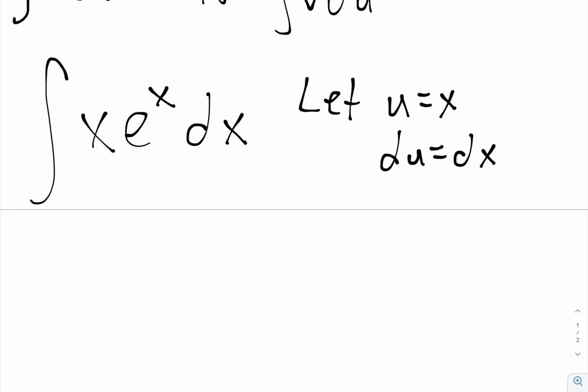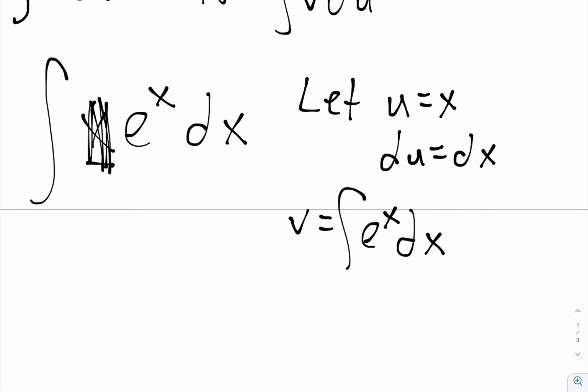Okay, and if u is x, then we're left with e to the x, right? We're left with e to the x to be part of our v. So as soon as we choose x for u, our v is just going to be whatever's left over. So we can ignore this x right now. Our v is going to be the integral of e to the x dx.